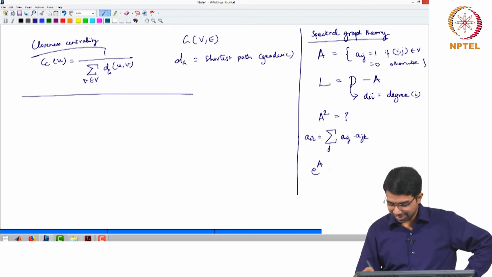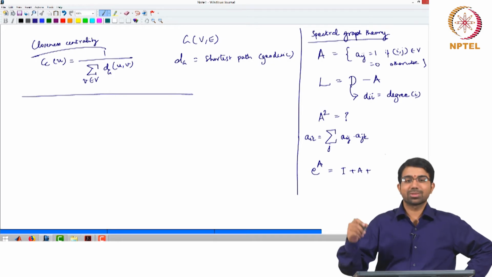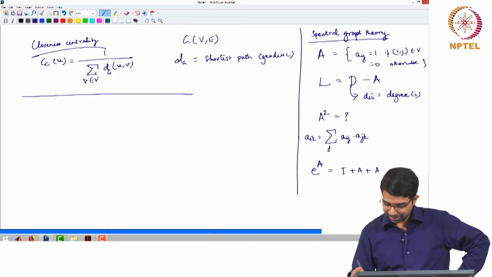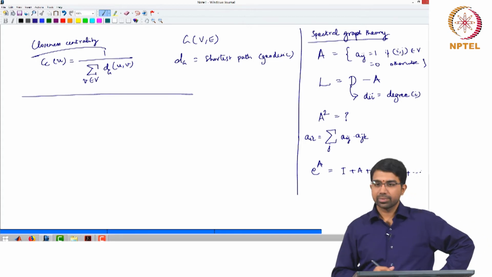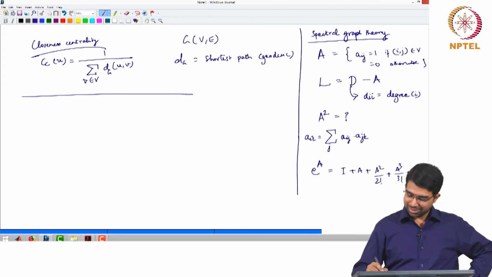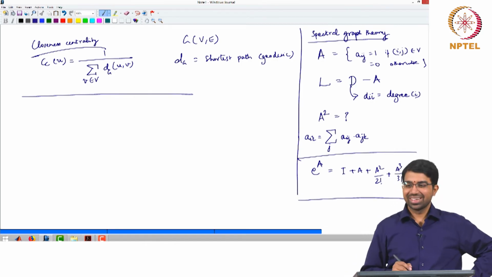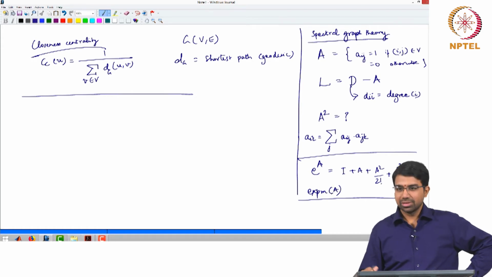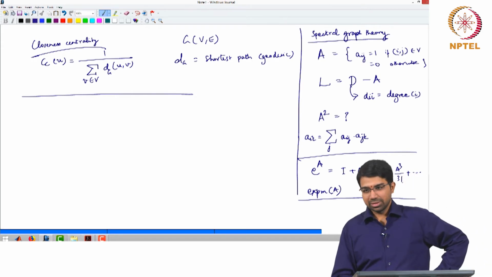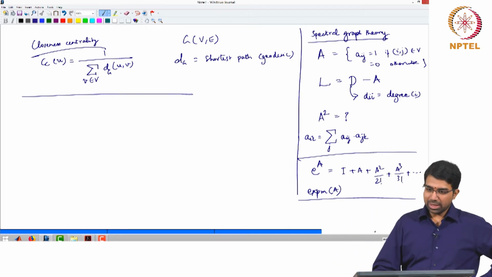E to the A is I plus A plus A squared by factorial 2 and so on. This is not how you would compute any of these things, it is just fun to know about it. As we will see in the MATLAB session, this is how you get it: expm of A.